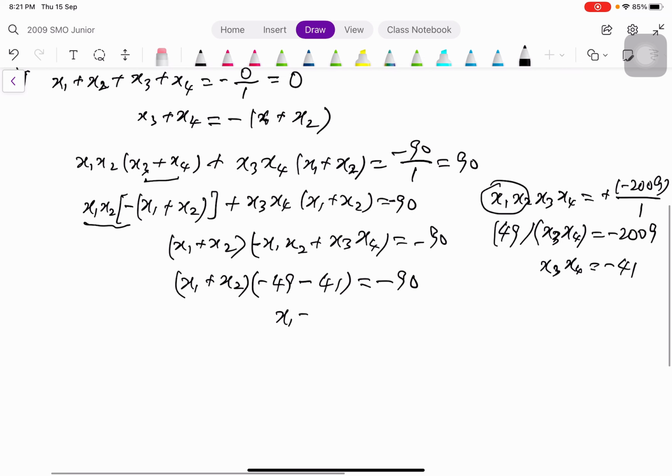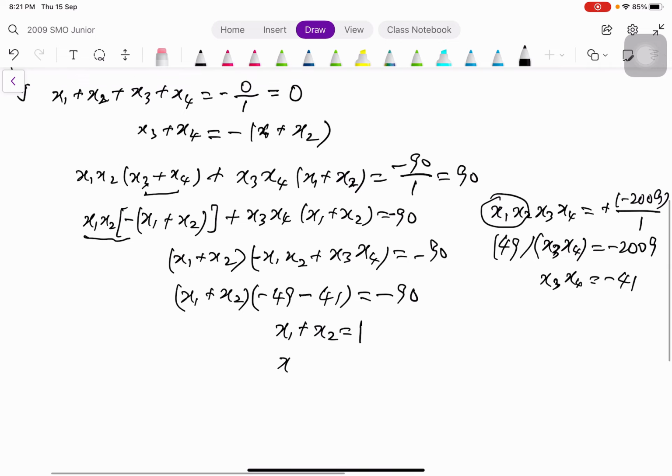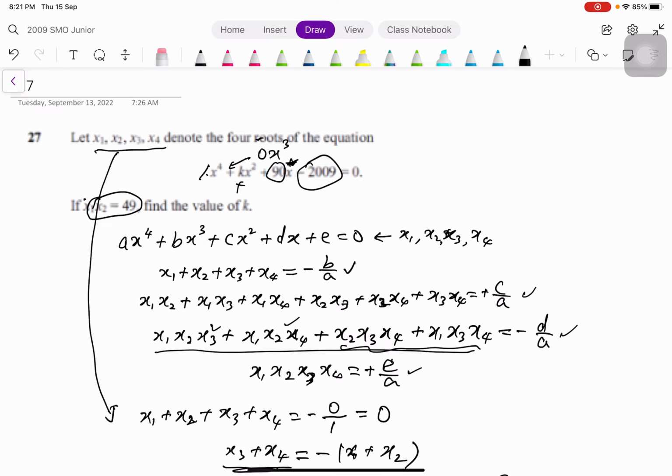Therefore, x1 plus x2 will turn out to be 1. And in this case, x3 plus x4 is therefore minus 1.